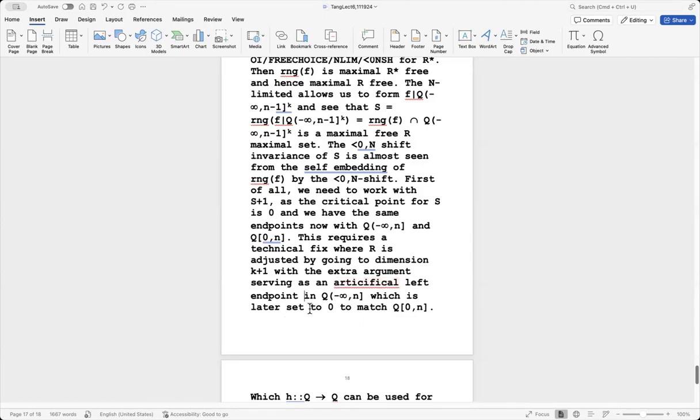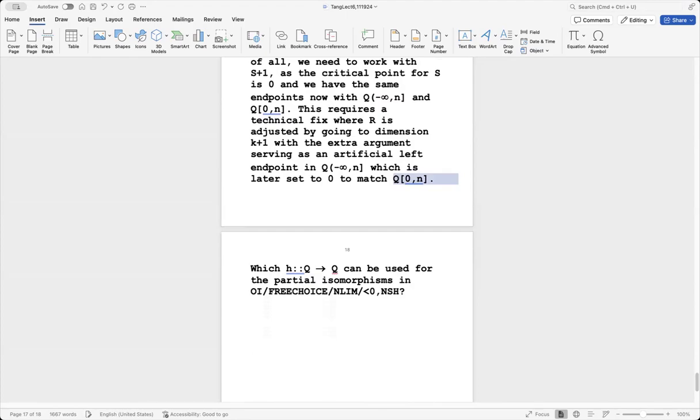We're going to get something stronger than we want, which is not surprising because it's artificial. We're going to get something stronger than we want because we already added one dimension, but then we just set that extra coordinate to be 0 to match Q0. Okay, this establishes the reversal.